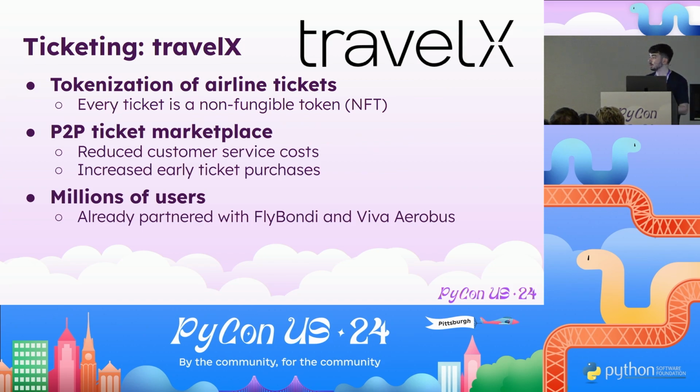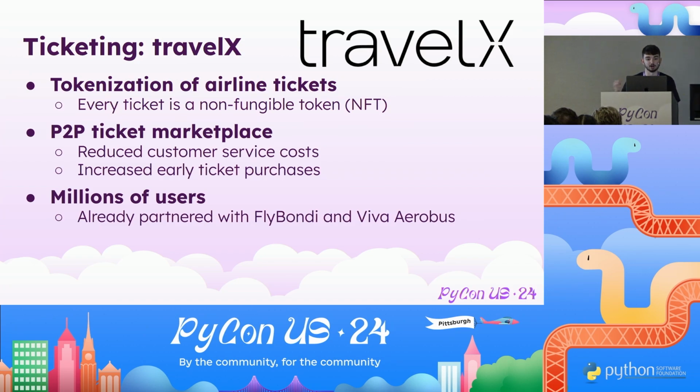This is by using blockchain, right? Again, it's an interoperable standard. It's decentralized, immutable, but it also allows disintermediation, right? So now an airline that uses TravelX doesn't need all the customer service costs involved in being able to provide refunds. They can also have noticed an increase in early purchases, right?